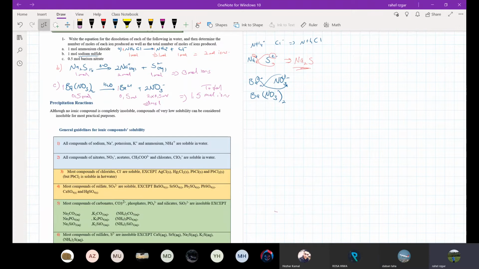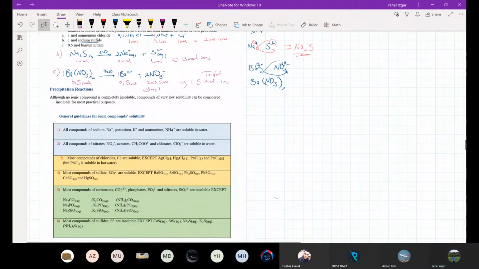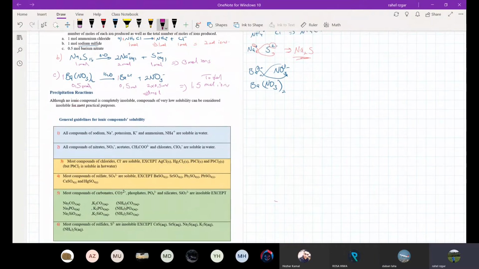For ionic compounds, we have 6 rules. Even though no ionic compound is completely insoluble, and we consider every ionic compound slightly soluble, the compounds which have a very, very low solubility, which don't dissolve a lot, we consider as insoluble.